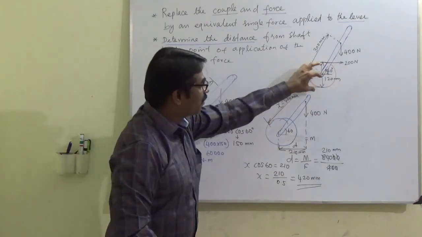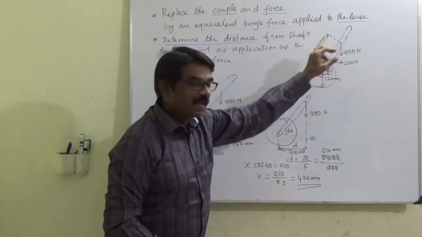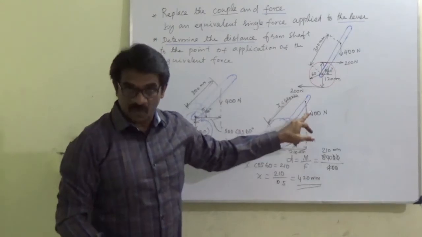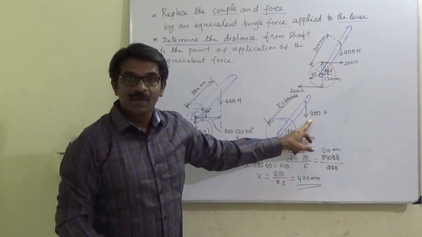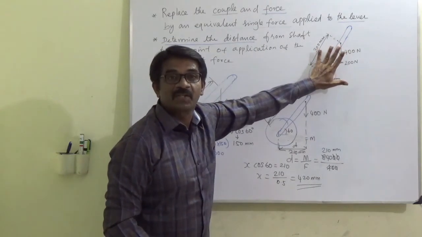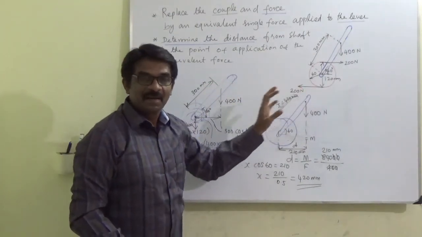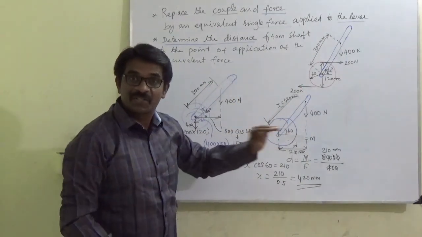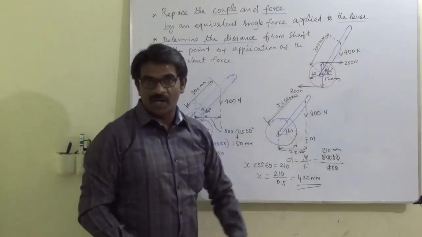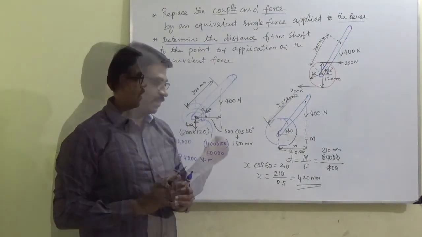Now we have removed this couple, shifted the force to some place, and this is the single equivalent force, 400 Newton, with an altered distance to produce the same effect of this couple and the force. So the same force is shifted, but the net effect is not changing by shifting from 300 to another 120 mm. I hope you have understood this.